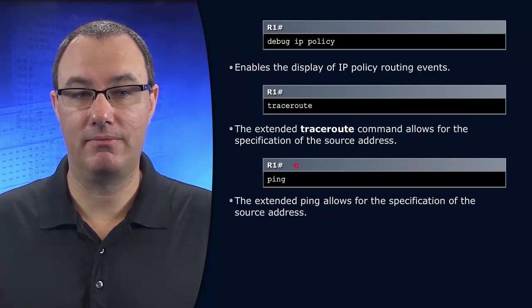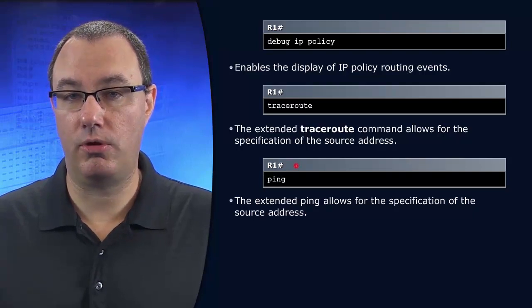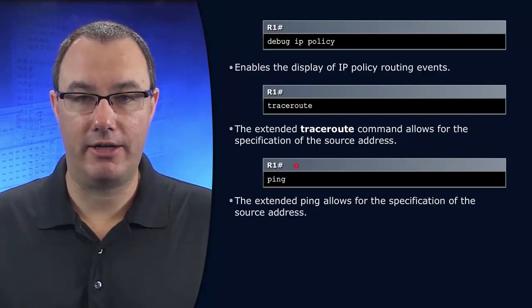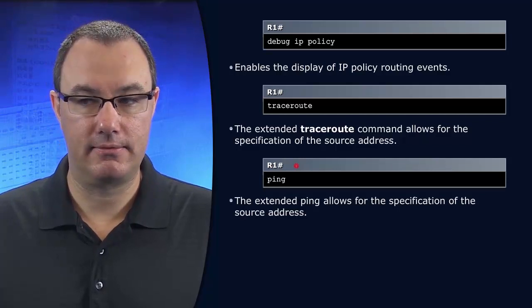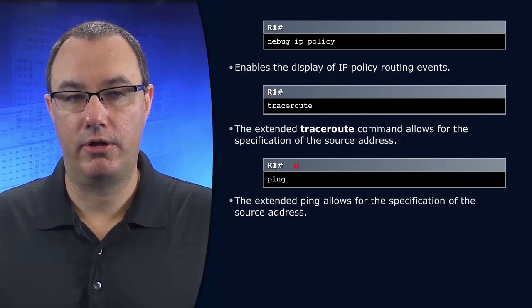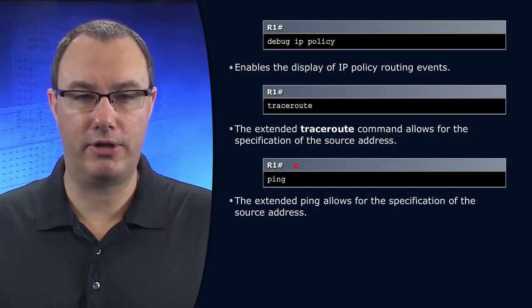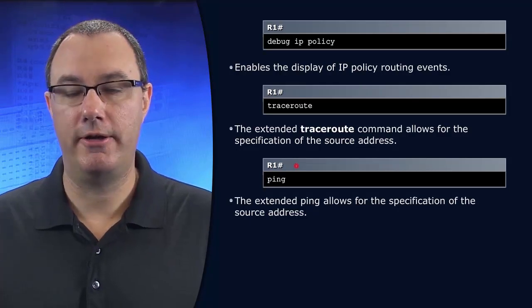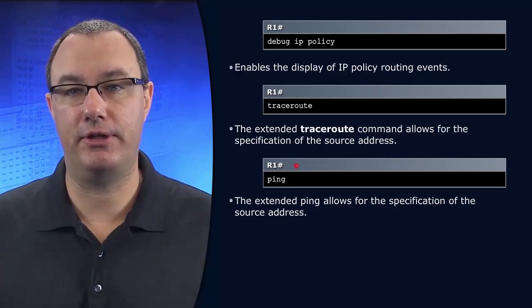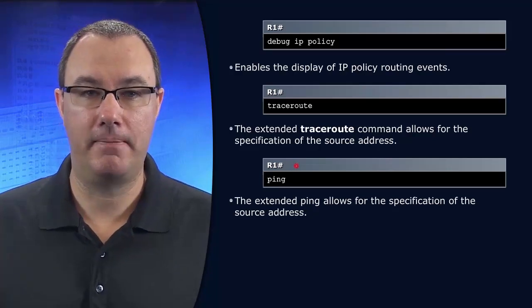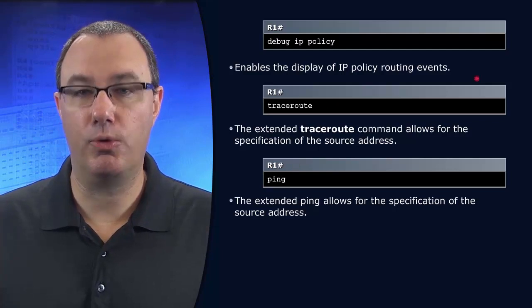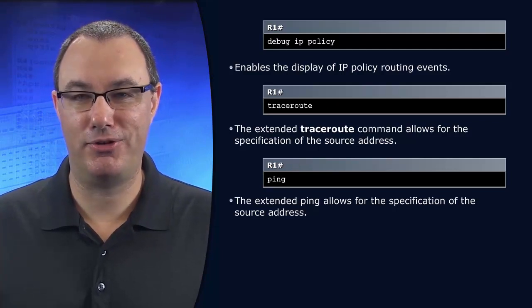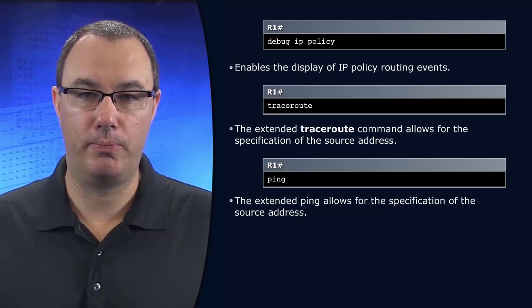And then ping allows you to control elements of the ICMP echo traffic in case you have some parameters that are looking for it. For instance, you could control the type of service field with an extended ping. But make no mistake, traceroute is your friend when it comes to testing your PBR config.